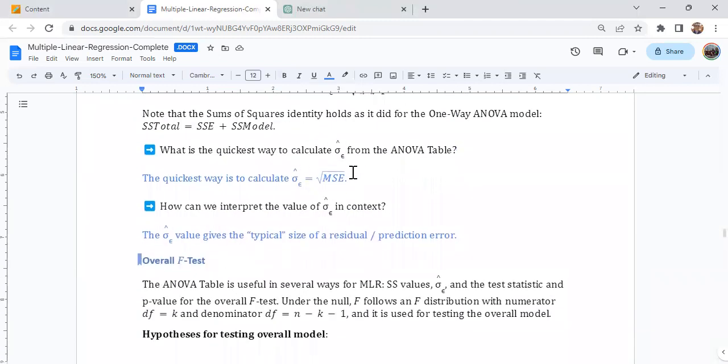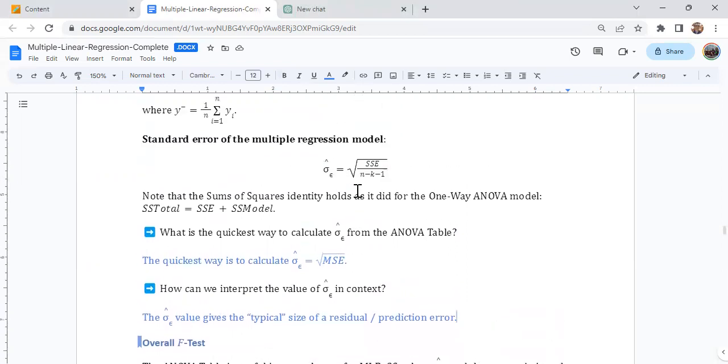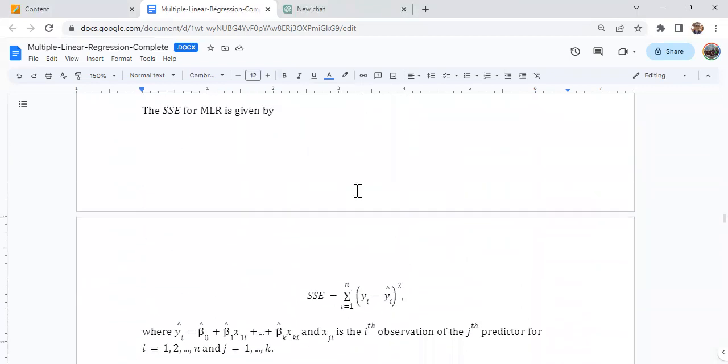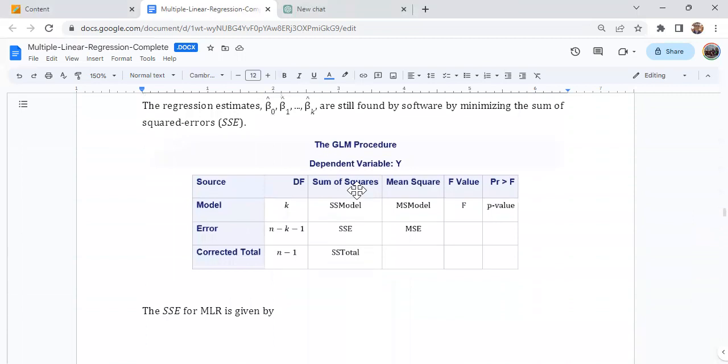So that's one useful thing that's directly available from the ANOVA table. As a reminder, putting it in context of why we bother with the ANOVA table, it makes clear how some of these calculations come about. Like MSE, you can see the steps to get it.